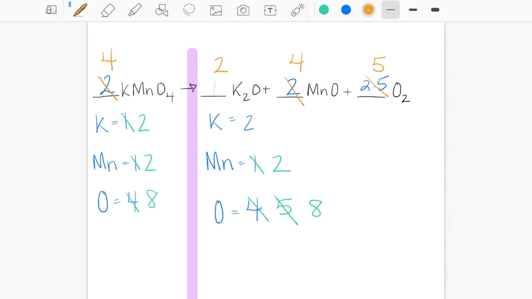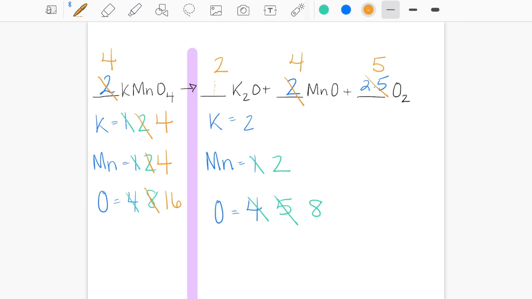So before we were like, oh yeah, it's totally balanced, we need to actually make sure and count each side, okay? So for potassium on the reactant side, 4 times my subscript of 1 will give me 4, okay? 4 times my 1 magnesium will give me 4, and then 4 times my 4 oxygen will give me 16, okay?